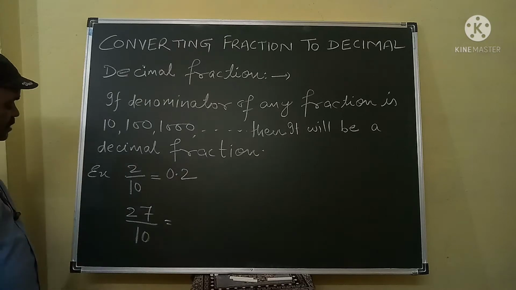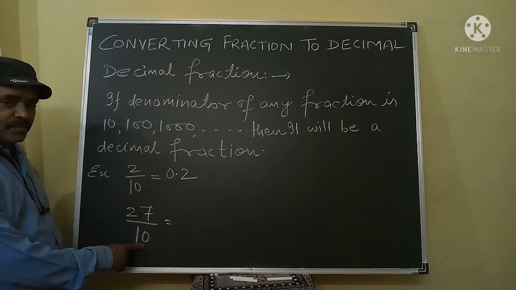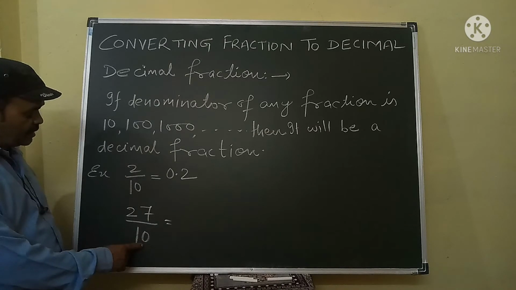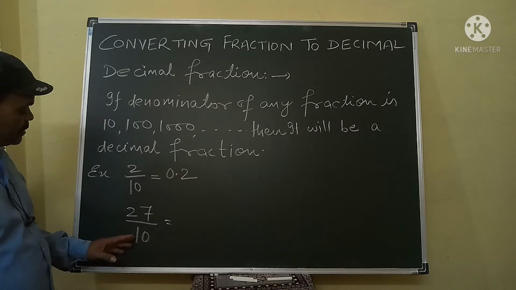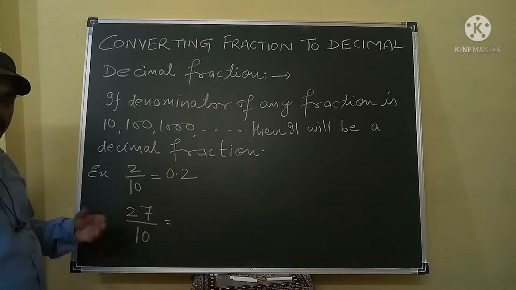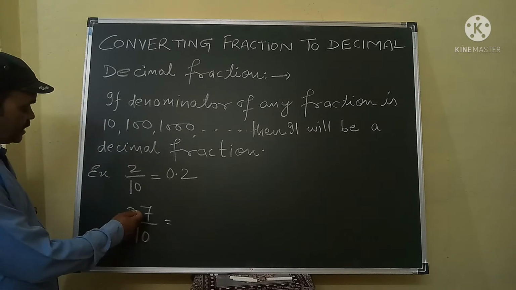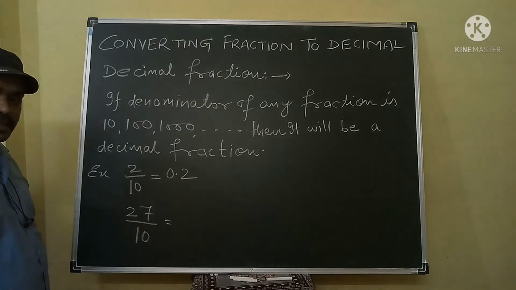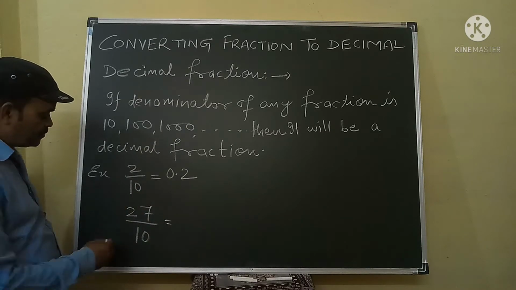It is very easy. In 10 the number of 0 is 1. That means before one digit we will put the decimal point from the right side of the number.